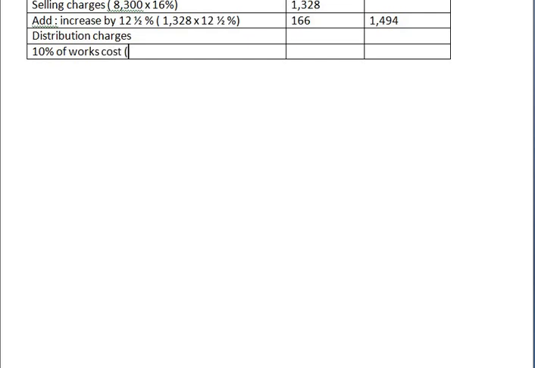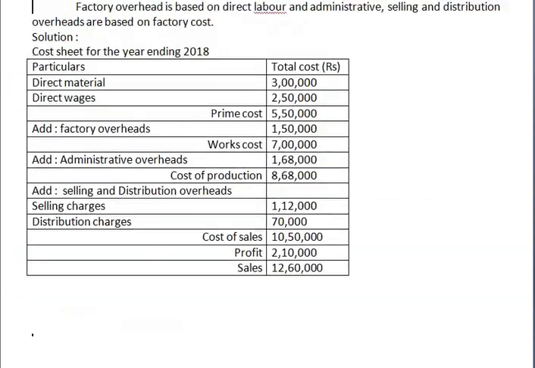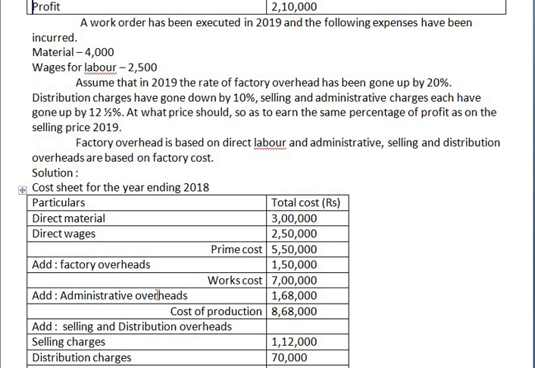Works cost is 8,300 into 10%. It is 830. Next is, now other than this distribution charges, what they have given? Distribution charges has gone down by 10%.